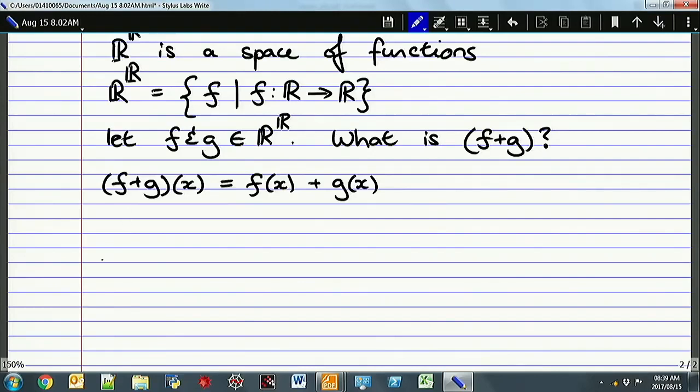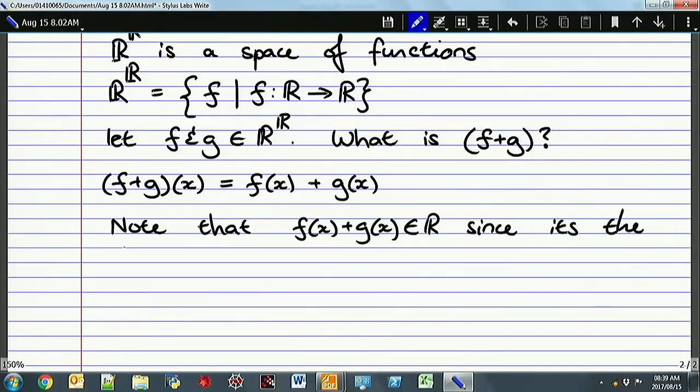So the output over here is a real. So we'll note that f of x plus g of x is a real number since it's the sum of two reals. And the second thing that we should notice is that the expression we've written for this new object f plus g is well defined for every single real value of x.